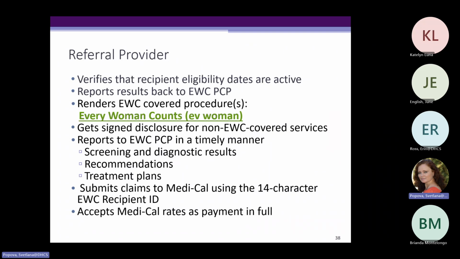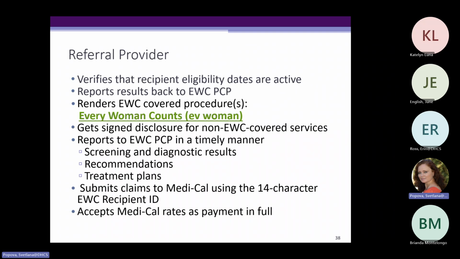They can only render covered services. Otherwise, they would need to get a disclosure from the patient for non-covered services. The report should be sent to the PCP in a timely manner and include screening and diagnostic results, recommendations, and treatment plan. They should submit the claims with our 14-character recipient ID, and I just sent you an email on how this recipient ID is created.